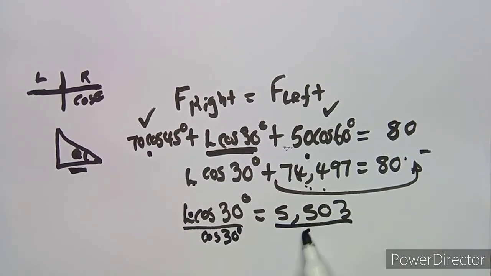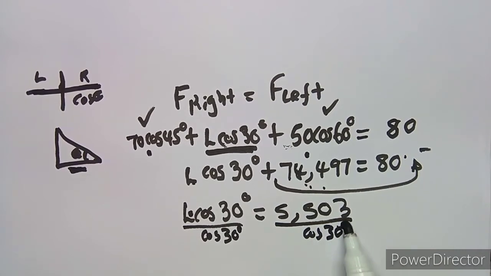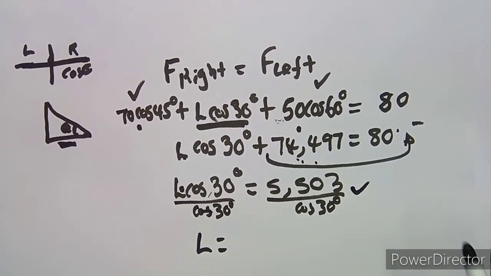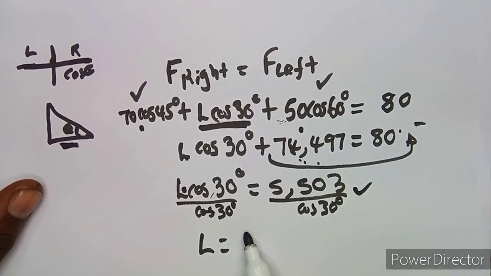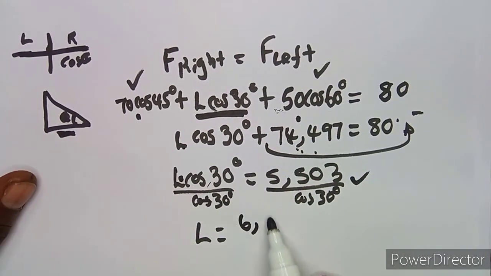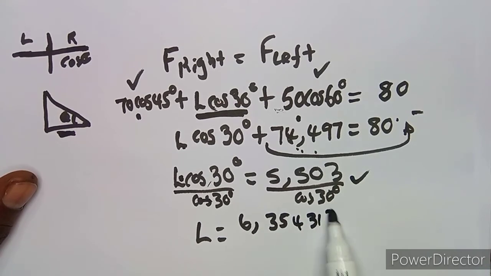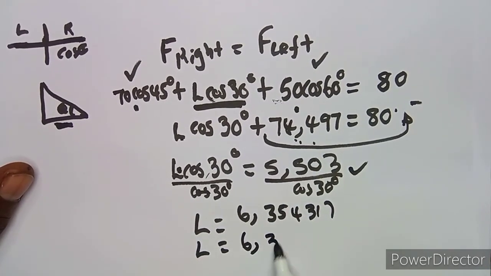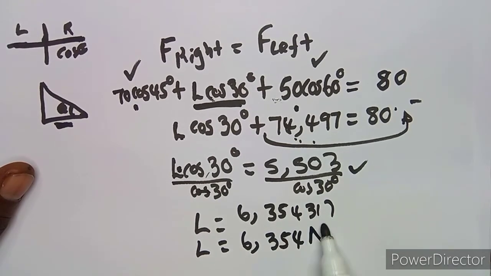Just divide by cos 30 like this, you can find the value of L. That is going to cancel here. From your calculator, this is 6.354317, something like that. So our L is going to be 6.354. You can round off to newtons here.